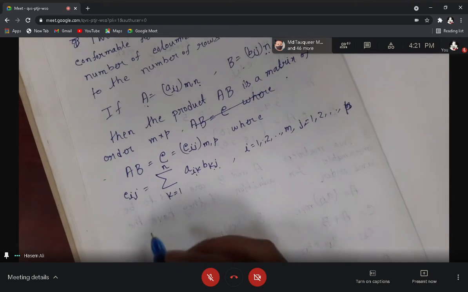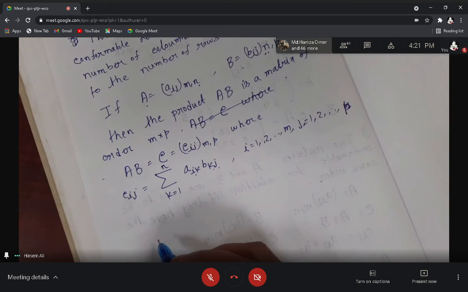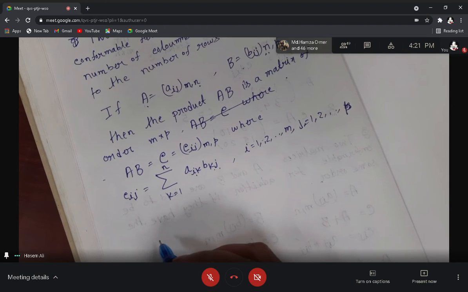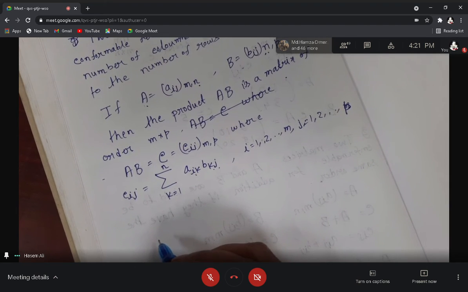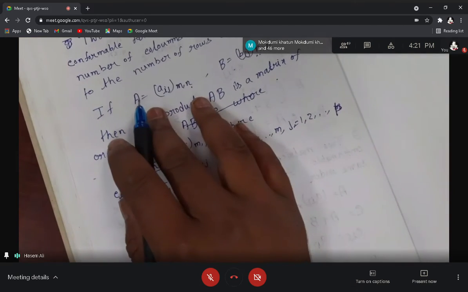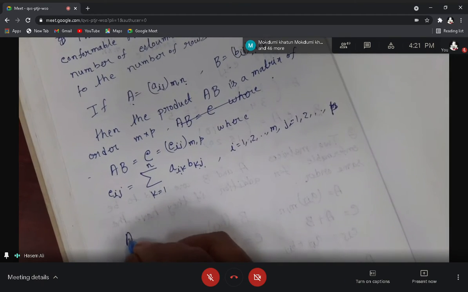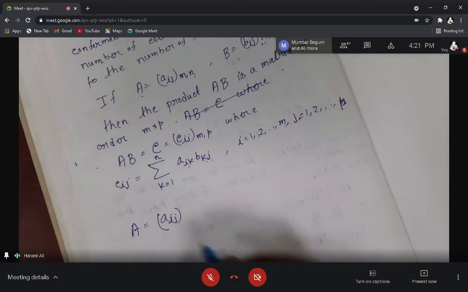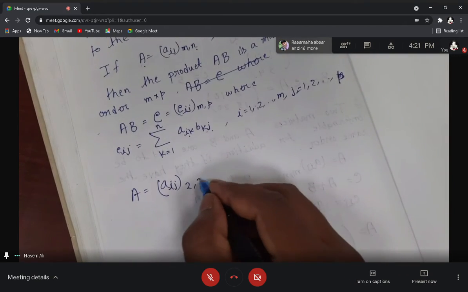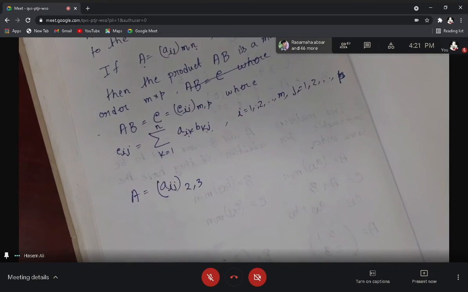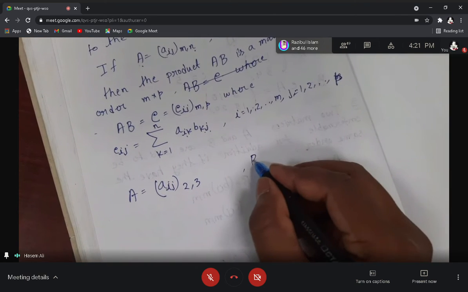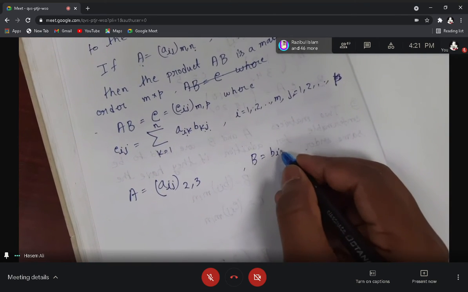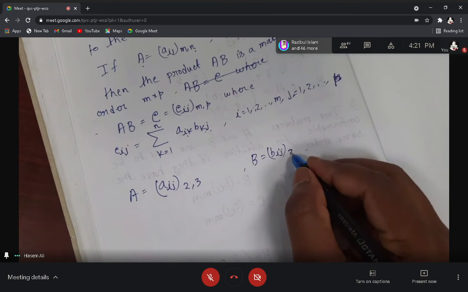That means let the matrix A equals to Aij of order m by n. M by n means let here 2 by 3. Okay, and I also let B equals to Bij of order 3 by 2.